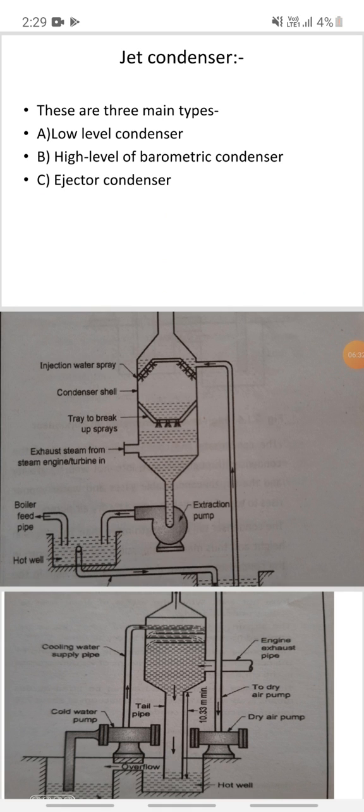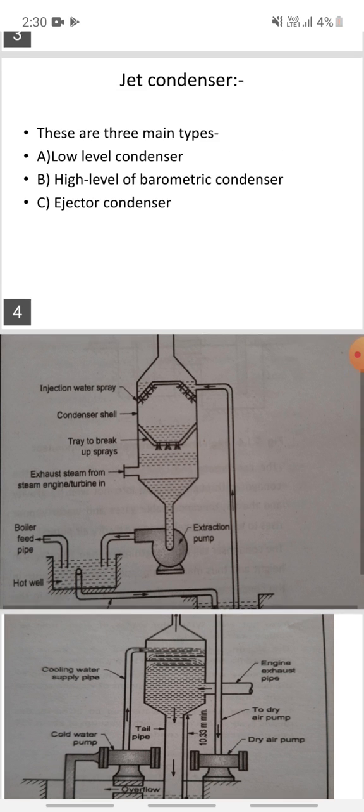So students, we will discuss more about jet condenser. In this type, the cooling water comes in direct contact with the exhaust steam and the steam is condensed. The cooling water spreads into the exhaust steam, so rapid condensation takes place.